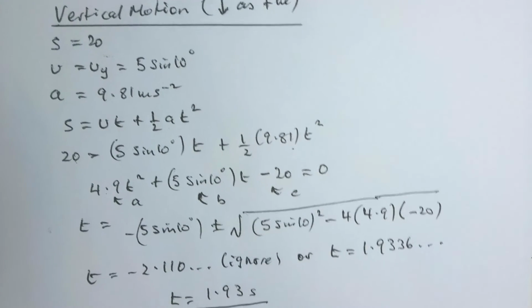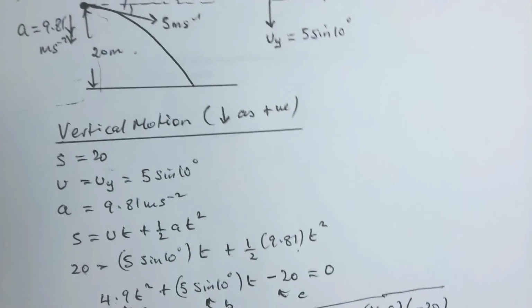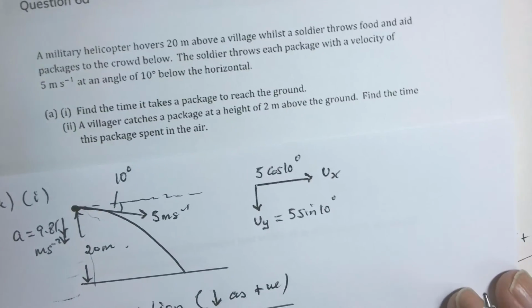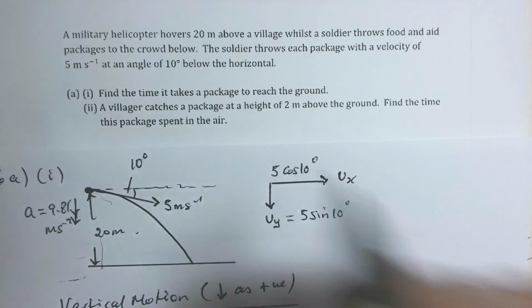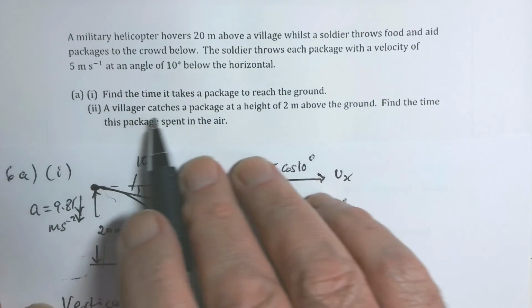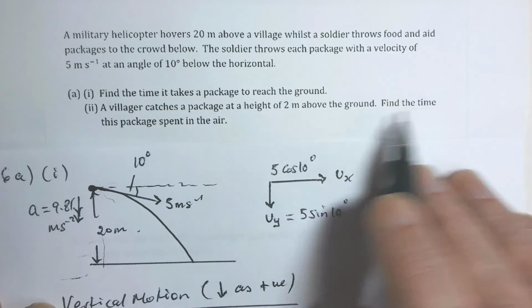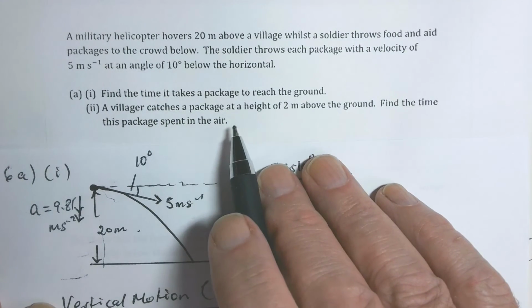Okay, so that's the first part. Now if we go back to the question, for A part 2, it says a villager catches the package at a height 2 metres above the ground. So find the time the package spends in the air.